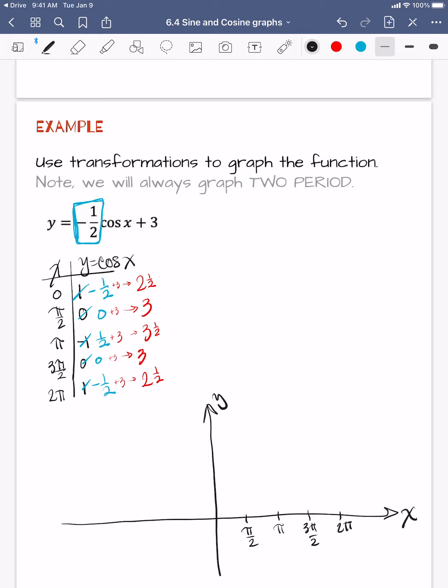Okay, and I'm going to label my y-axis 1, 2, 3. And then I've got to have the half mark. So up at 3.5, up at 2.5. And just for fun, make them all halves like that. Or not. Okay.